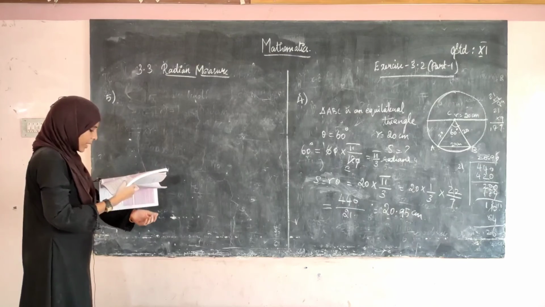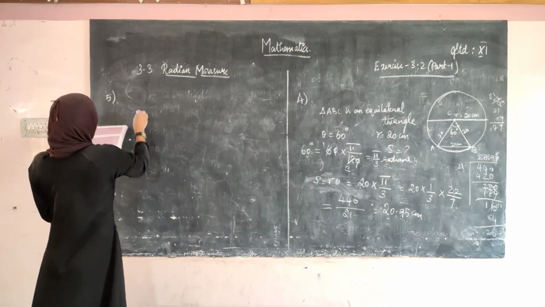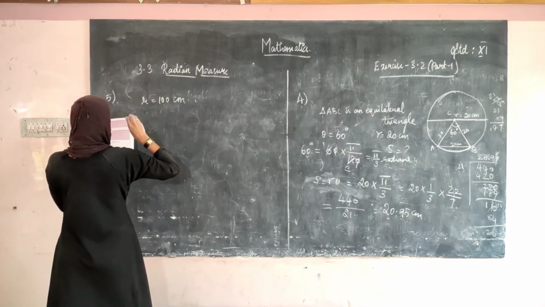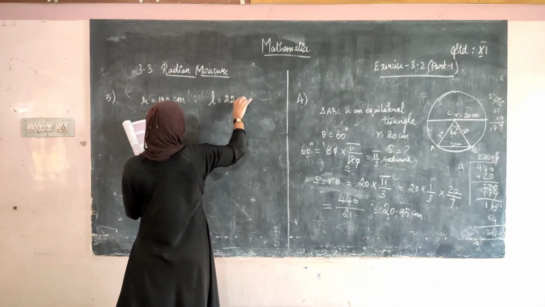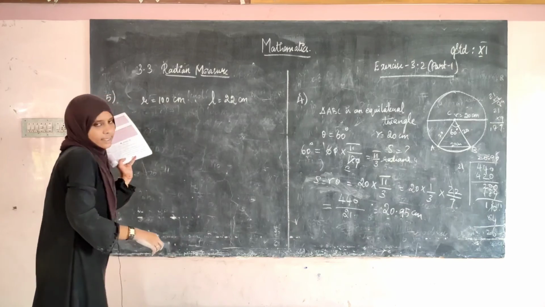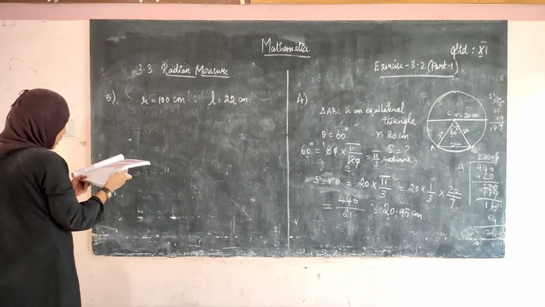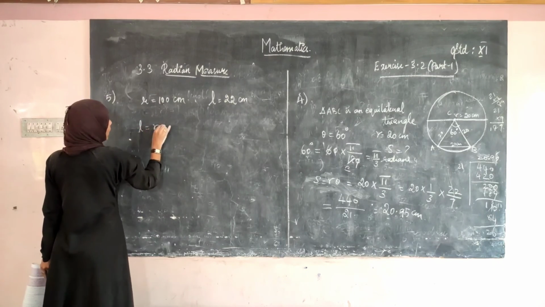Find the degree measure of the angle subtended at the center of a circle of radius 100 centimeter by an arc of length 22 centimeter. Arc length is L, or we may take anything, L or S. So we have to find the angle. We know that L is equal to R theta.